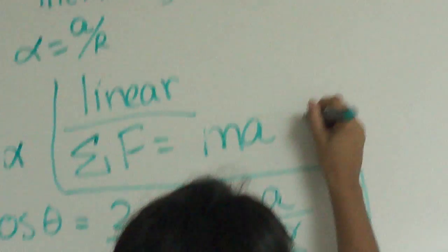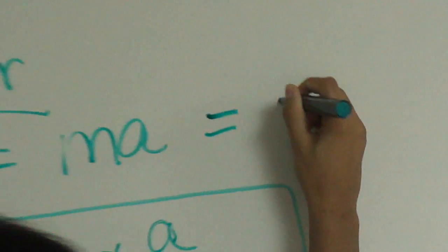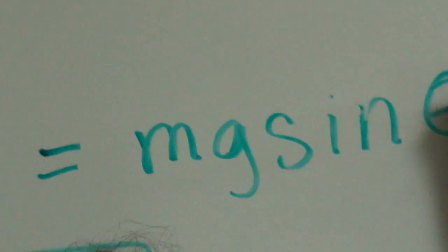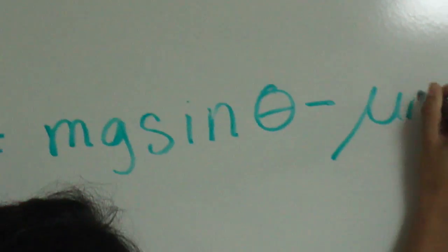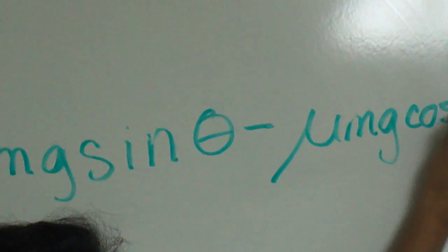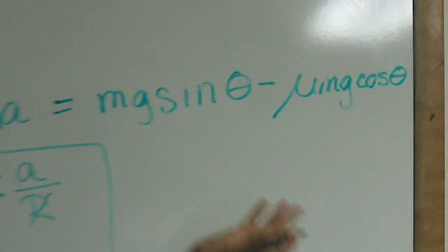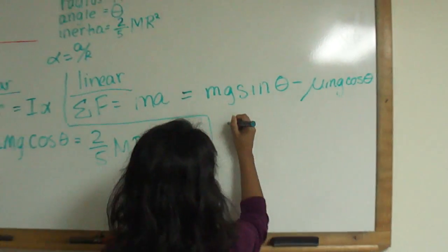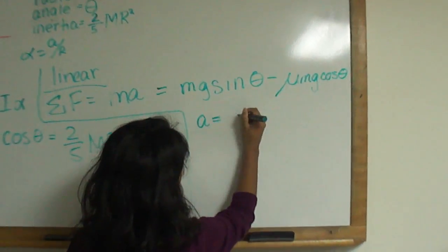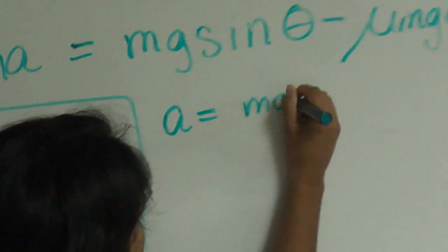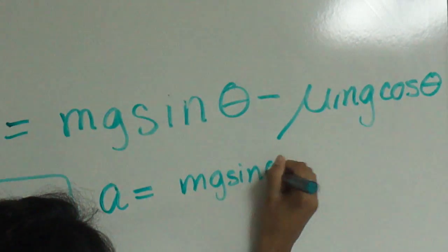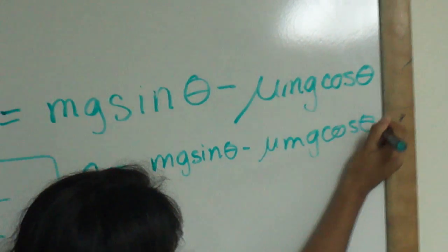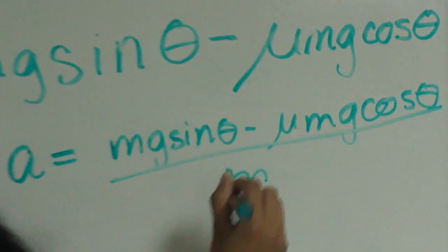So this also equals mg sine theta minus mu mg cosine theta. And this is simply adding up the forces, right? So if we solve for a, we get a equals mg sine theta minus mu mg cosine theta, all divided by mass.